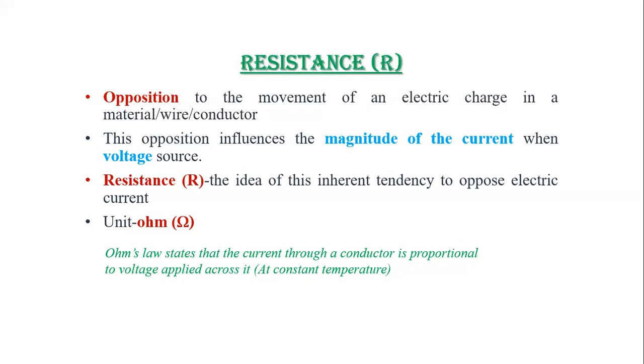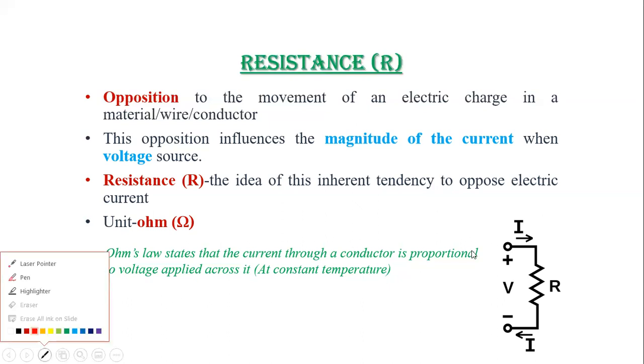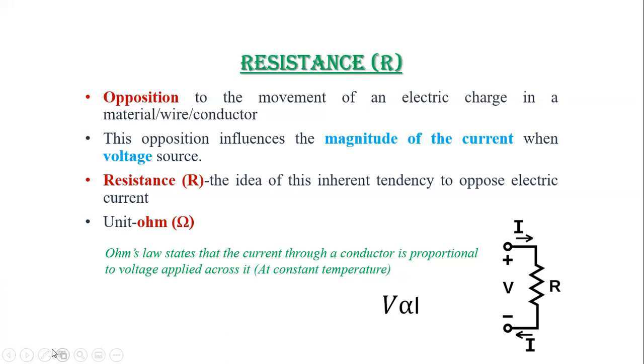For example, consider an element, a conductor with two terminals. The current through the element or the material is proportional to the voltage applied across the two terminals.